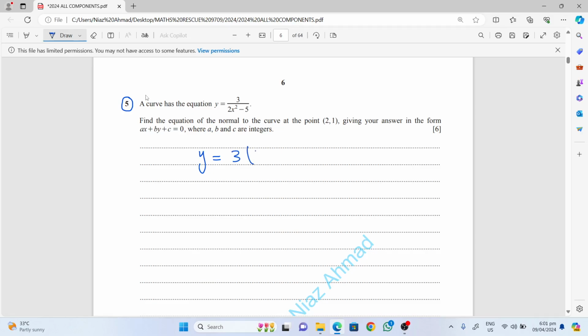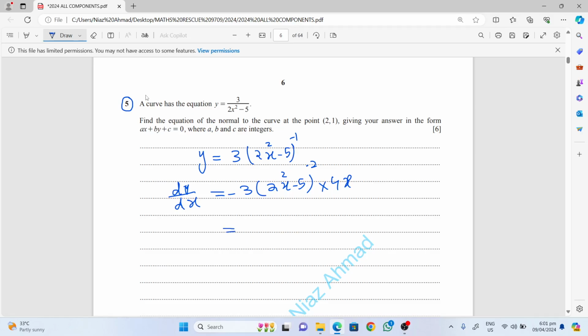Take this to the upper side, so it's 3 times (2x square minus 5) whole power negative 1.